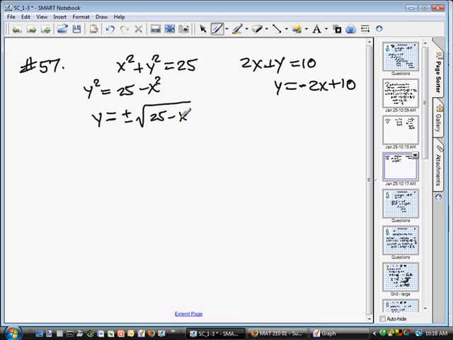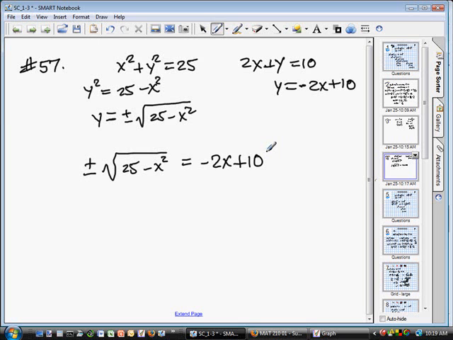Now that they're both equal to y, we could set them equal to each other.